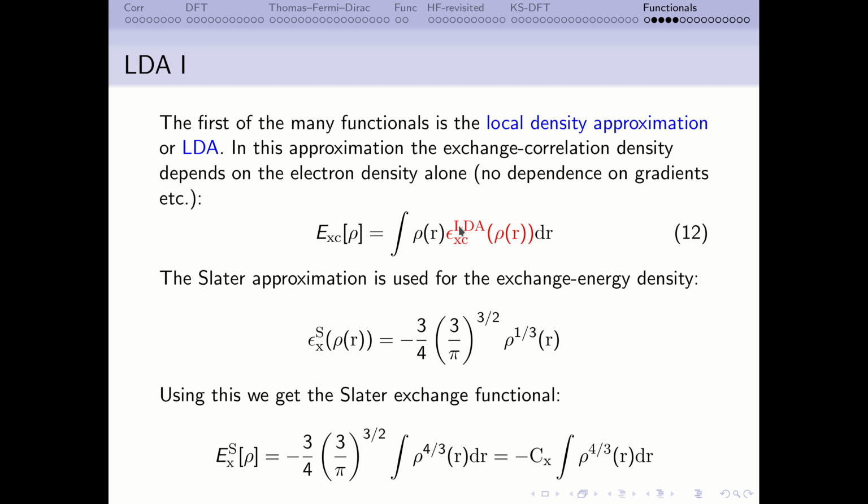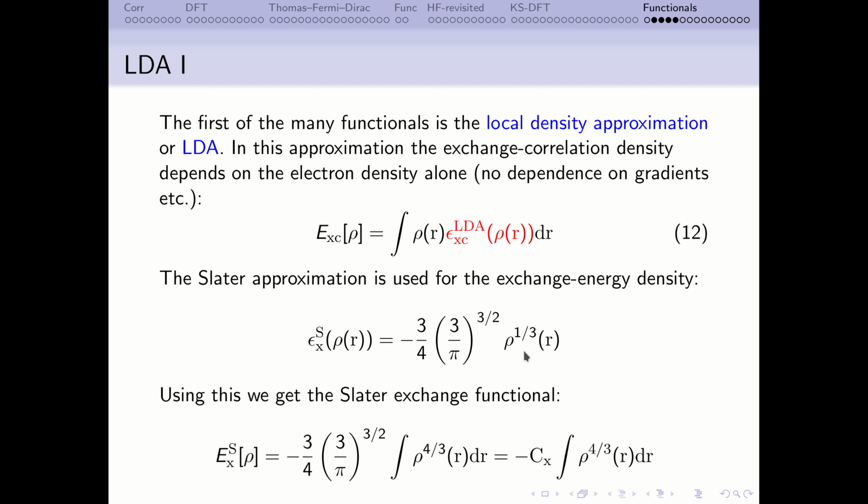Now, this exchange correlation energy density in the LDA is simply a function of rho. In fact, it turns out to be a homogeneous function of rho, where the exchange part is taken to be what's called the Slater functional, and we'll see how this is derived. Slater functional is given as minus a constant times rho to the 1/3.